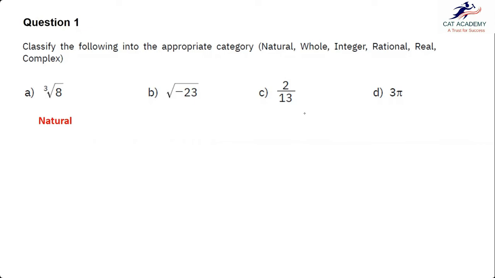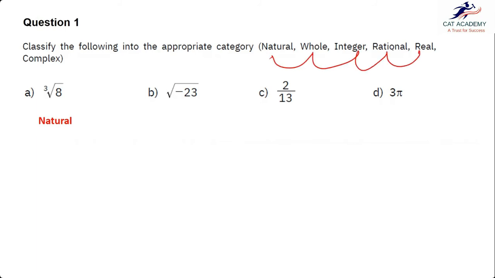Second, square root of a negative number, that is imaginary, and imaginary is not mentioned as a category over here, so I should say complex. No, Madhushri. Natural plus whole is integer.